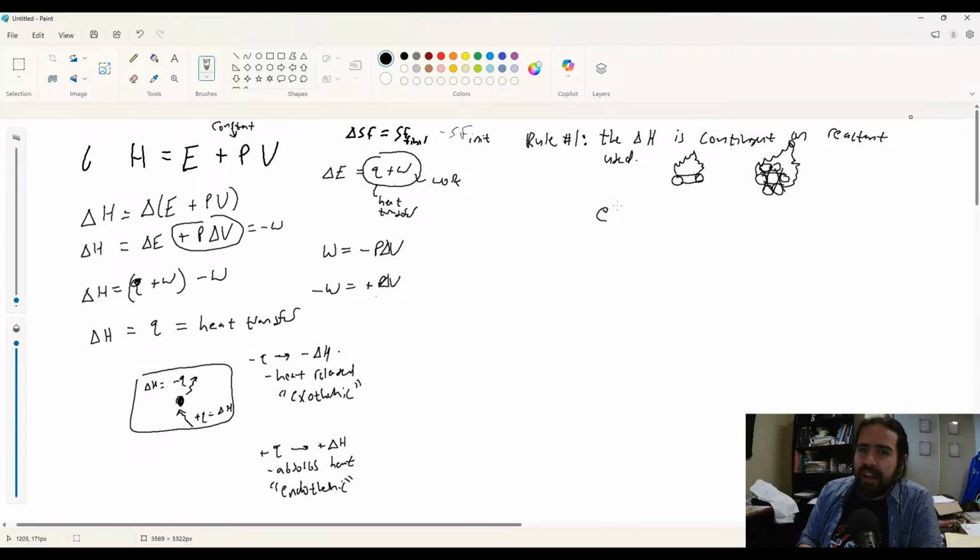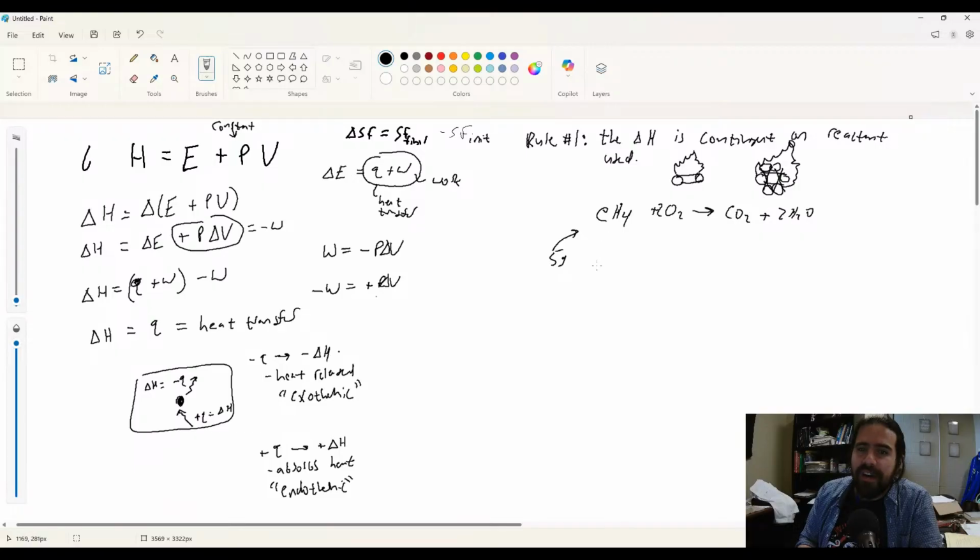If I have a combustion of methane, CH4 plus 2O2 yields CO2 plus 2H2O. Let's balance this as I go. Okay, if I do this reaction, and I plug in, I don't know, 5 grams of methane, that's going to give me some amount of change of enthalpy, right?